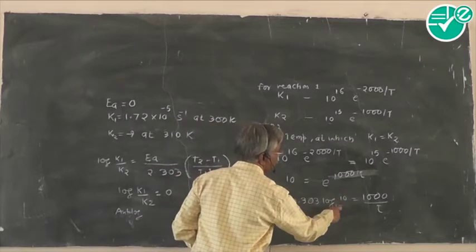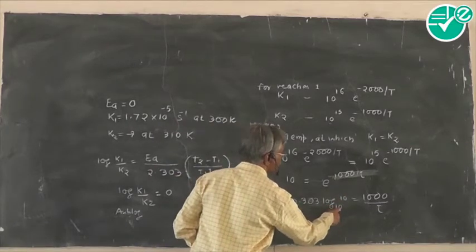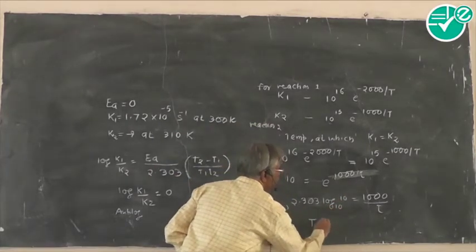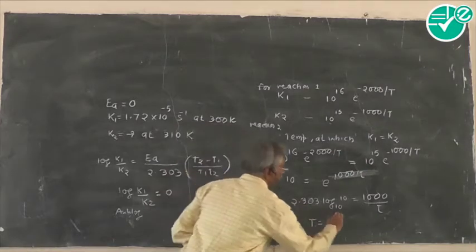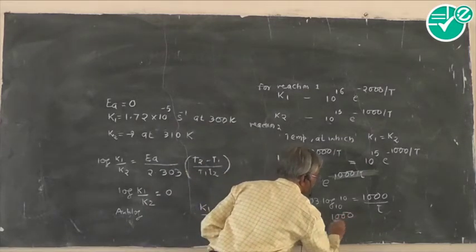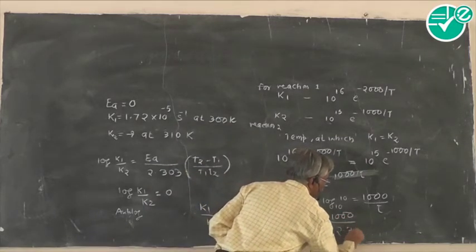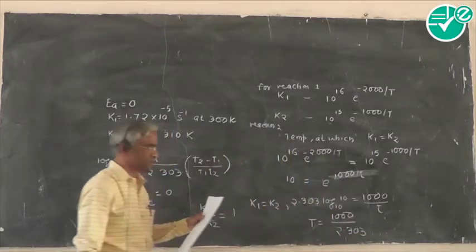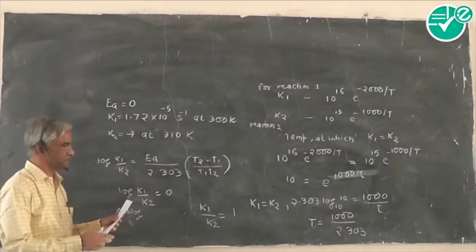Log of 10 to the base 10 is always equal to 1, therefore T will be equal to 1000 divided by 2.303. That will be the answer given.